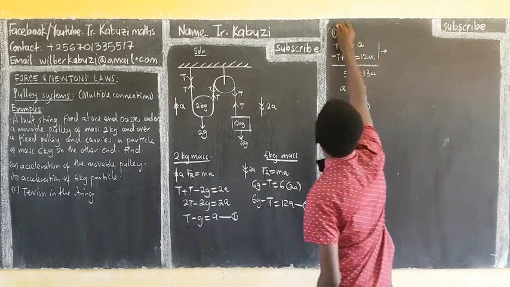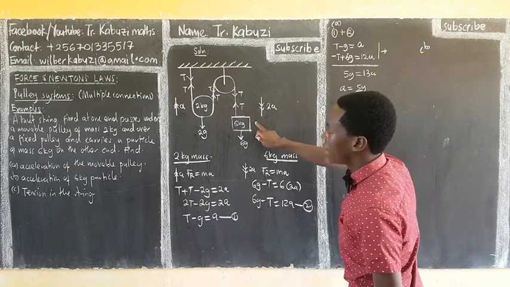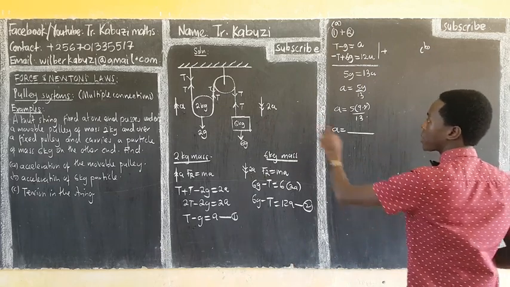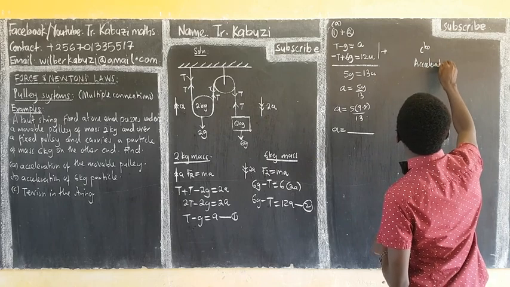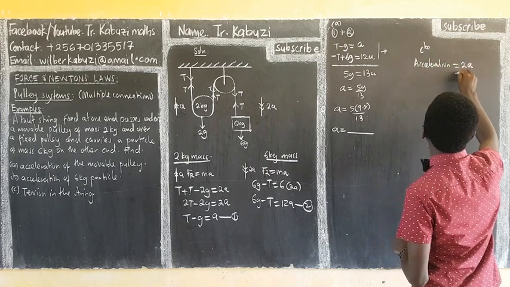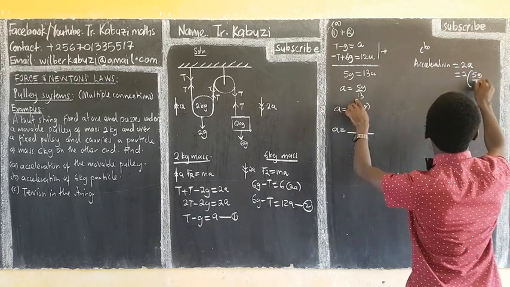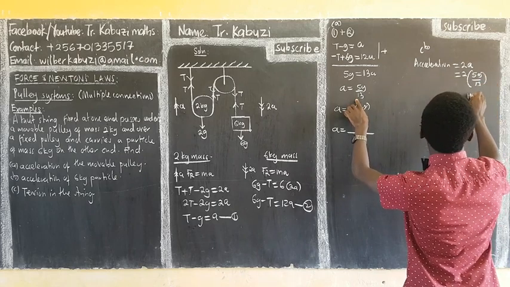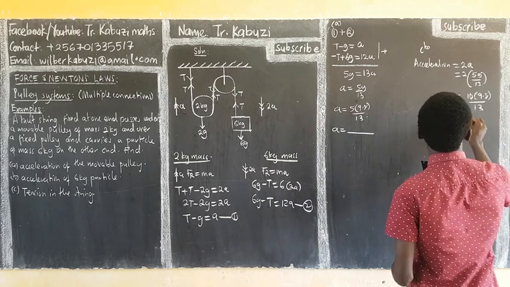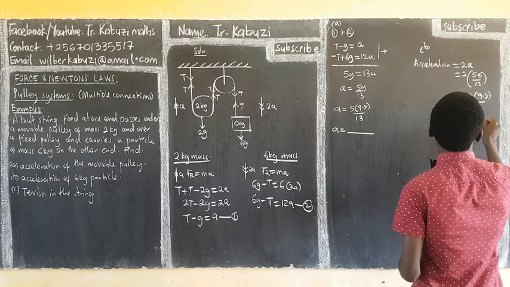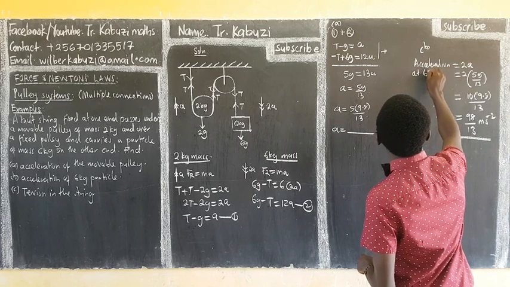Now, this is part A. Then part B is the acceleration of the 6 kg mass. That acceleration will be 2a, which is 2 into 5g over 13. So this will be 10 into 9.8 over 13, which is 98 over 13 meters per second squared.